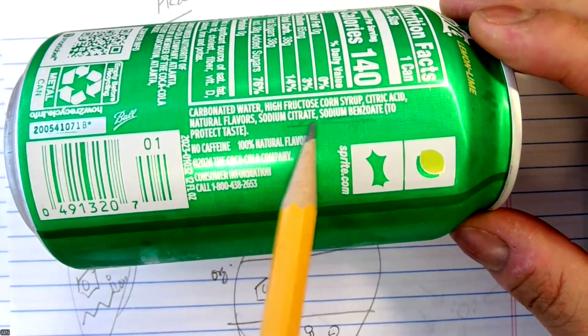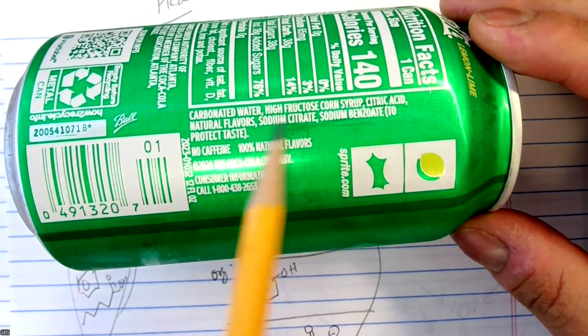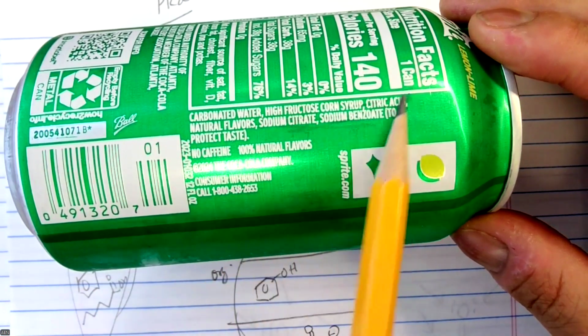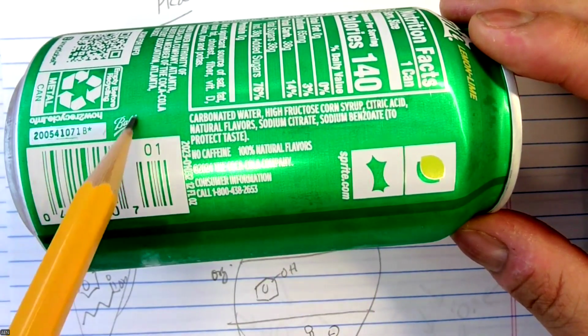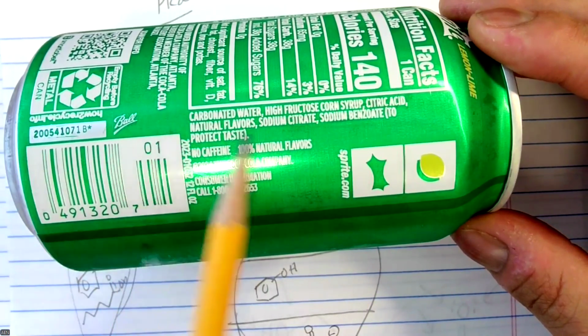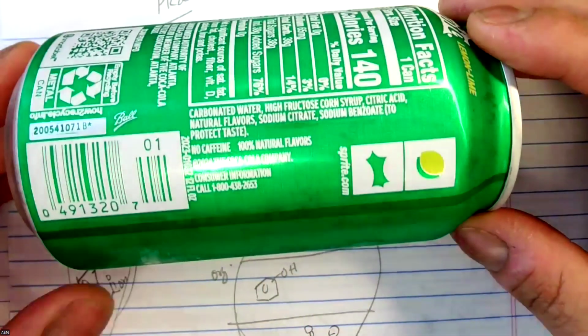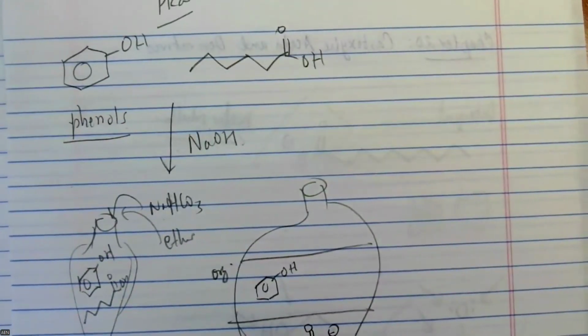Sodium citrate, citric acid is another acid, right? There's high fructose, yeah, that's the poison of the soda. Citric acid, sodium citrate, that's a buffer. And of course the citric acid is acidic. That's why the drink is so sour. It's only that the high fructose lowers that sour taste. Okay, but you see sodium benzoate. That's coming from benzoic acid. Later, I'm going to drink this.